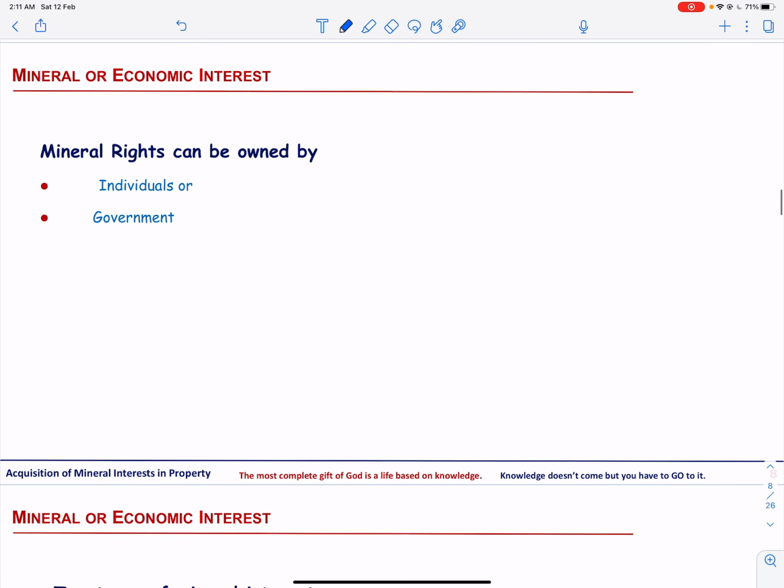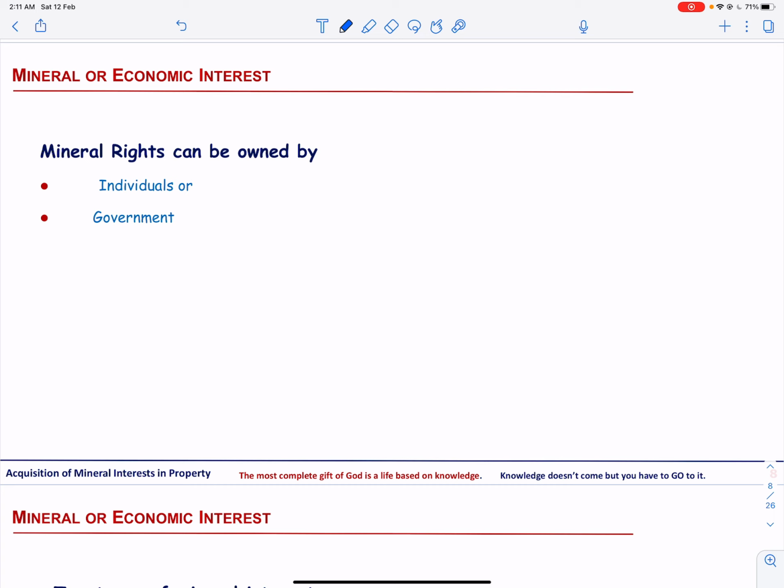Mineral rights can be owned by individuals or government. In case the mineral rights are owned by the individuals, the oil and gas companies must obtain a mineral interest by executing lease agreements with the individuals.